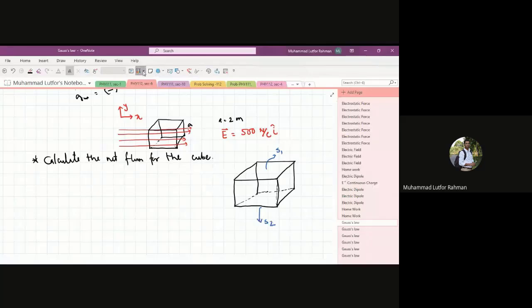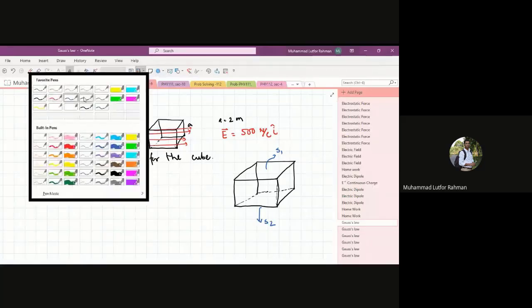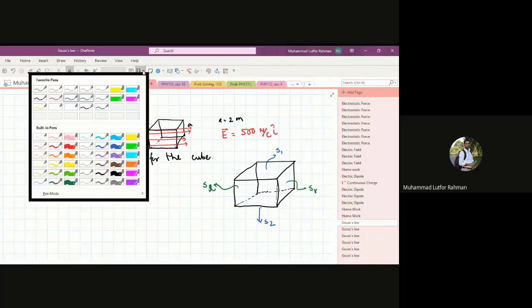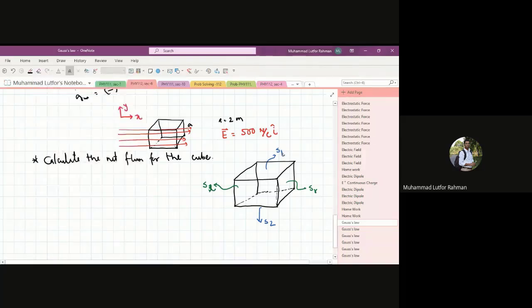Then I choose this surface, the right surface, SR, this is the left surface, SL, and this is ST, the top surface, and this is the bottom surface.